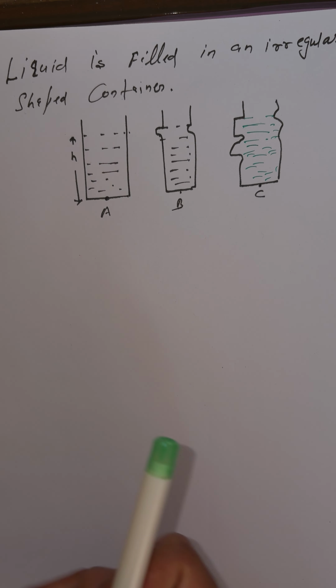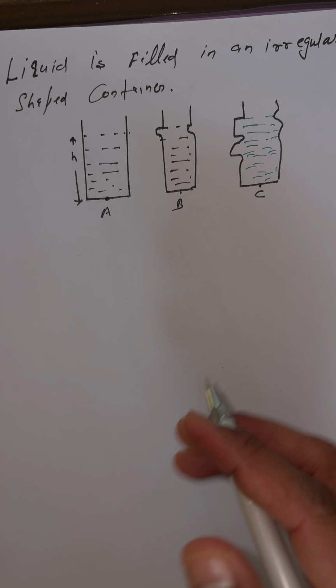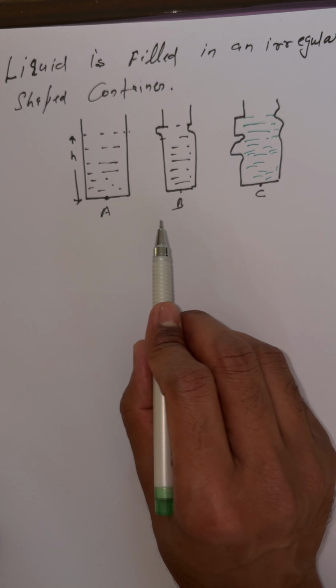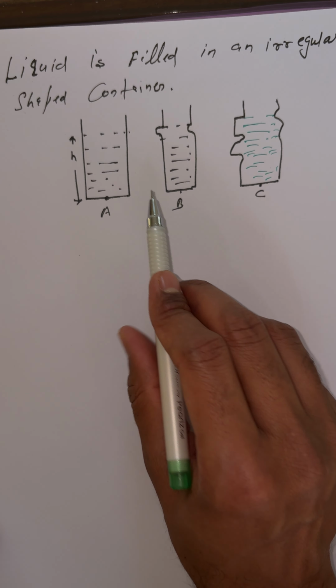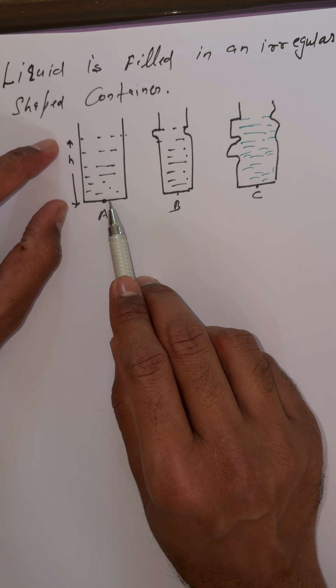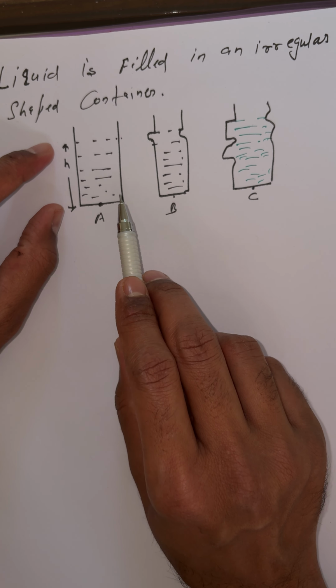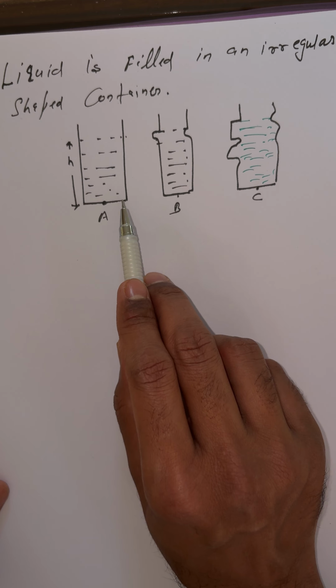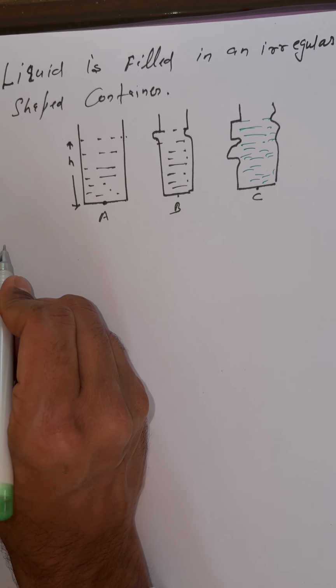Pressure depends only on the height or depth of the liquid in the container, independent of the area of cross section.